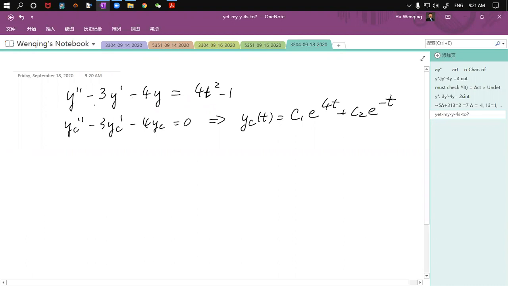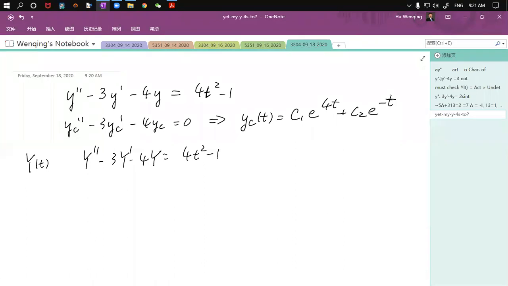So we want to find a y of t such that y double prime minus 3y prime minus 4y is equal to 4t squared minus 1. Can you find at least one such y of t? To solve this problem, you must realize that the left side is a linear combination of some derivatives, and this linear combination results in a polynomial.